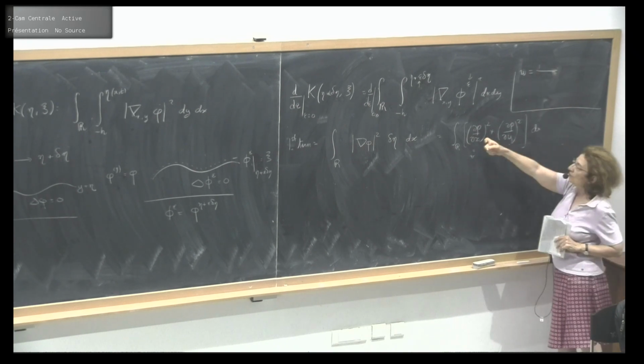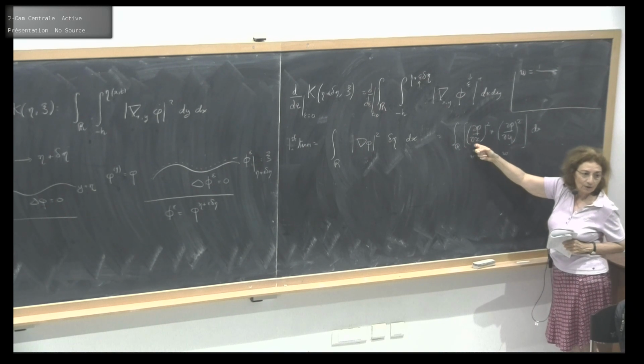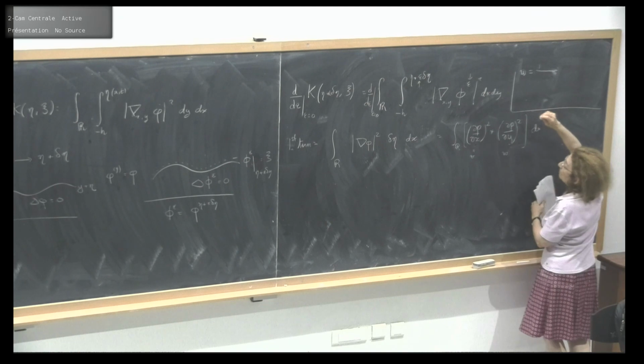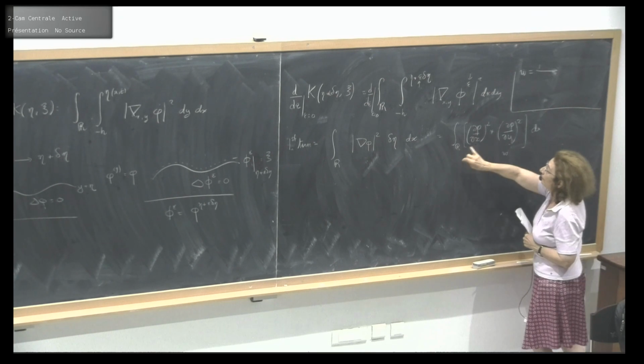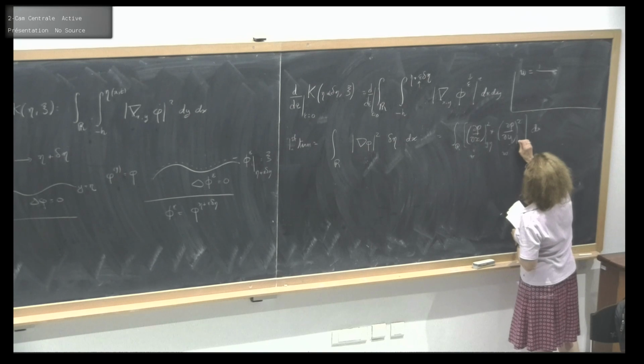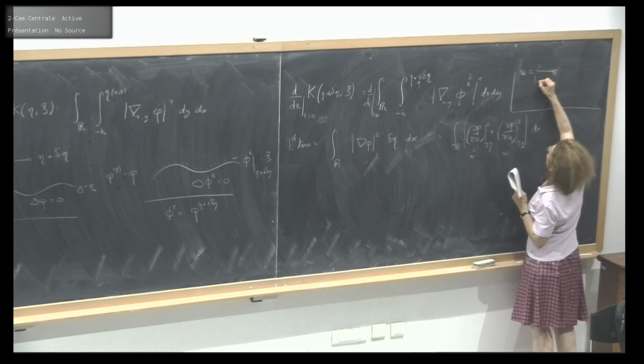So this is the vertical and horizontal velocity of the fluid at the surface, right? And this was 1 plus dx eta squared.